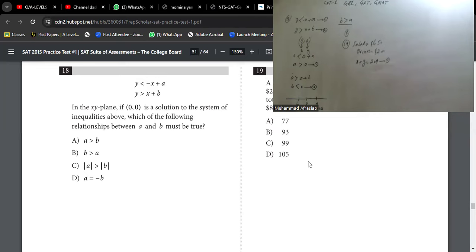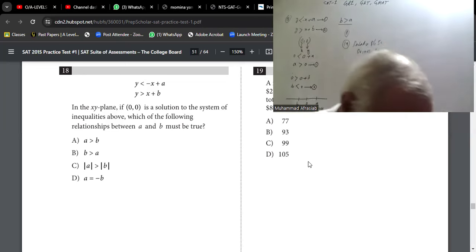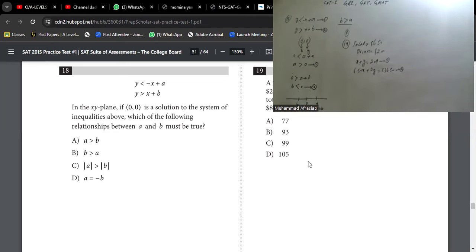So we know from this information that if the salad is 6.50, it should be 6.50x, and drinks are y, so we write it as 2y, and that is equal to 836.50. That's equation number 2. Now we can solve these two, and we have to get the value of how many salads were sold. So we are going to find out the salads, x, for that.